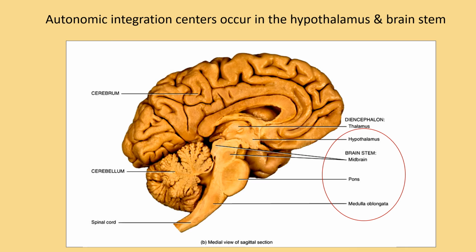And sometimes it's described as, and I'll use air quotes around this, the most primitive part of the brain. That's really not a good model for looking at the brain, but I'll say that here because if you think about the brain functions that are necessary in order for you to just stay alive, those integration centers are seated in your brainstem.